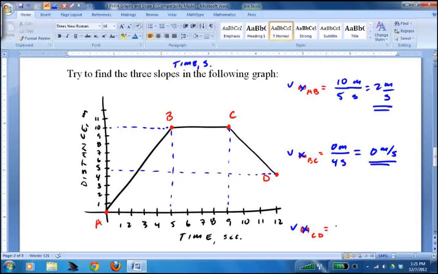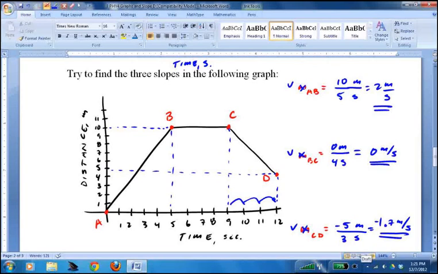So that's negative 5 meters in 1, 2, 3 seconds. So on the way back, it's negative 1.7 meters per second. He's not in a rush. He's ticked off about forgetting his watch, or she, and just kind of bikes home a little bit slower. That's analyzing a graph.